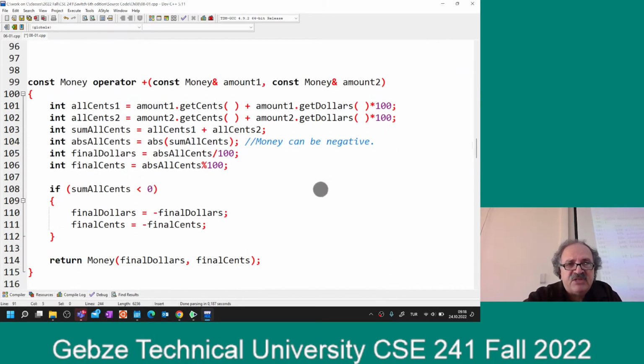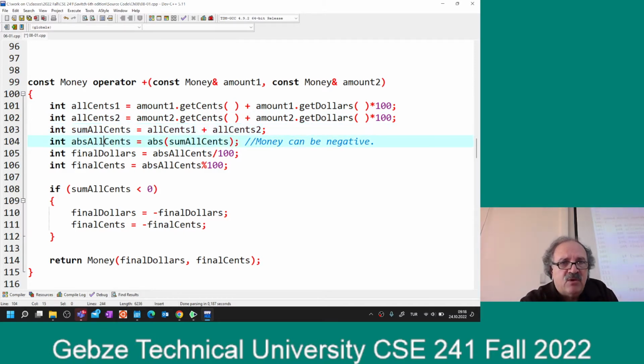So the implementation is this. All cents 1 and all cents 2. I don't use the dollars separately, I only use the cents. So dollars times 100 plus the cents for money 1. This is money 2. And I add them up, all cents.